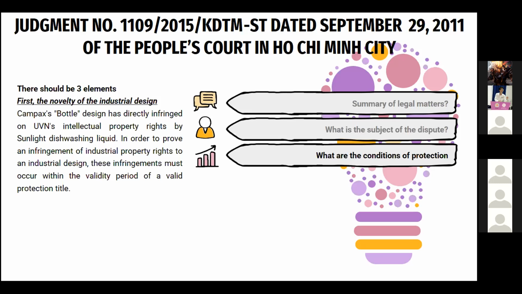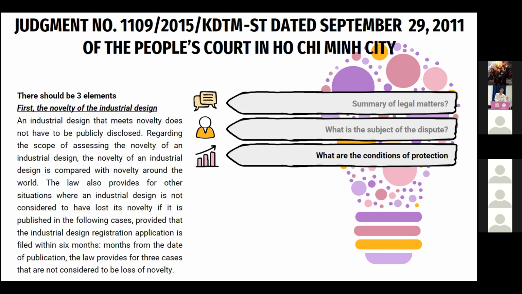In order to prove an infringement of industrial property rights to an industrial design, the infringement must occur within the validity period of valid protection titles. For an industrial design, novelty means it has not been publicly disclosed.